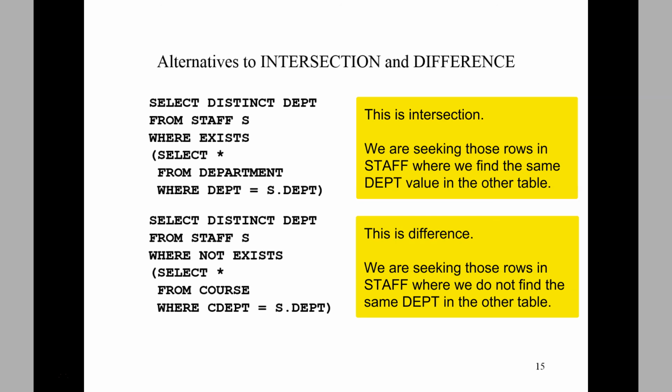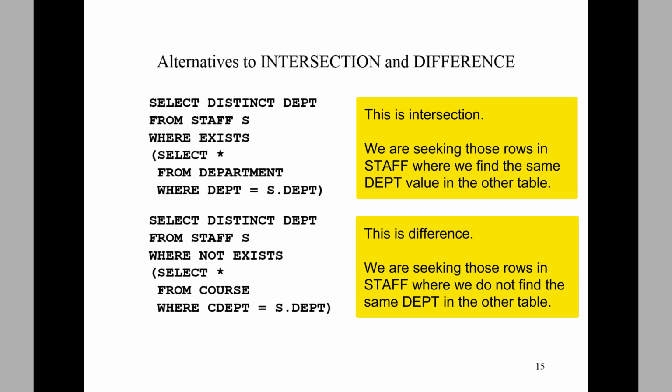Why it's beneficial to understand this is historically the set difference was not implemented in all commercial database systems. So for that reason, queries could have been written using exist or not exist to accomplish the idea of intersection and set difference.